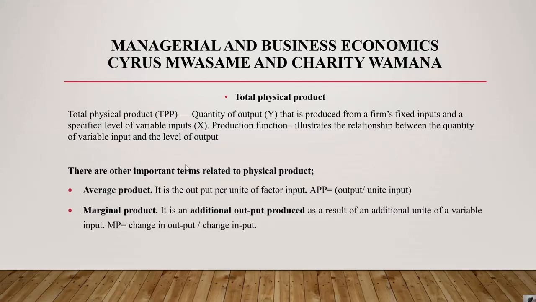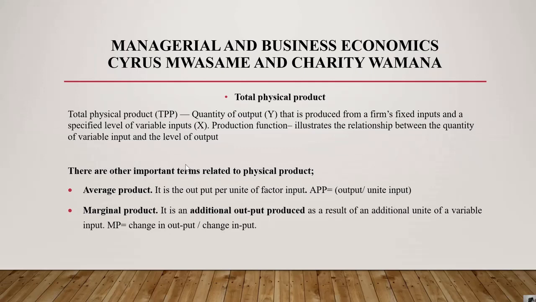This can be quantified in terms of labor, or in terms of capital investment, and what have you. Another important factor under this slide is marginal product, and it is the additional output produced as a result of an additional unit of a variable input.